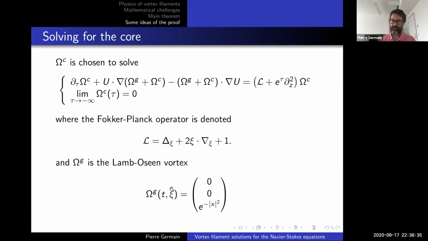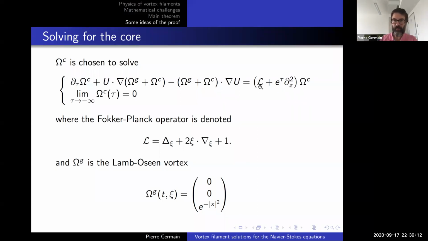So it's like the main piece, and then there is a correction given by omega c. U is the velocity, which is expressed in self-similar variables, and therefore is capitalized. And this velocity is reconstructed through Biot-Savart's law from the three pieces: background piece, core piece, and Lamb-Oseen vortex.